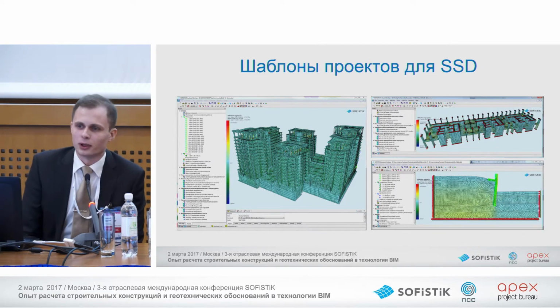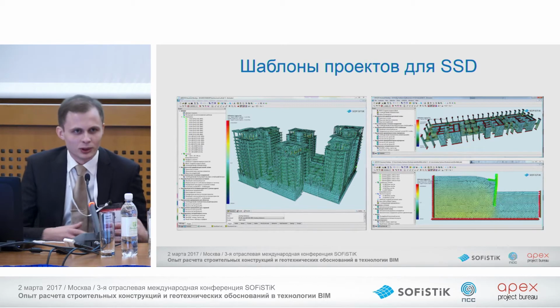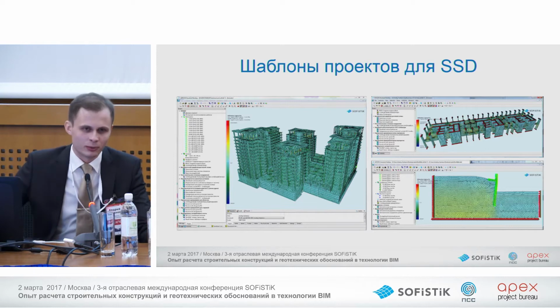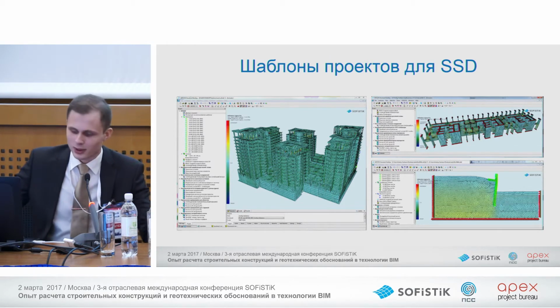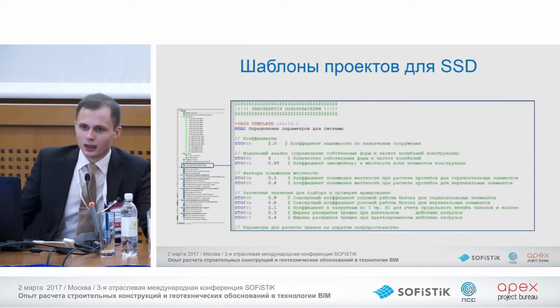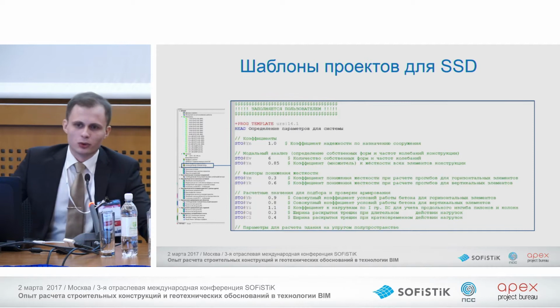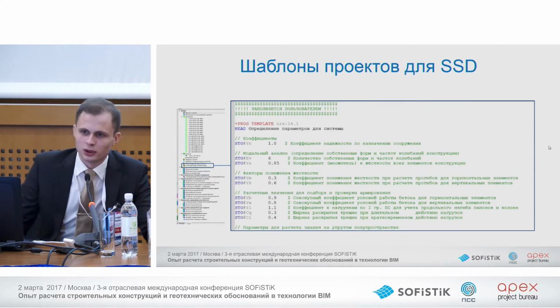And when our colleagues start using templates, they're very happy. They think about their job only, about their design. All the rest is done automatically. Calculation is done, they see the result, the process is automated. A small secret, all parameters are in those codes.